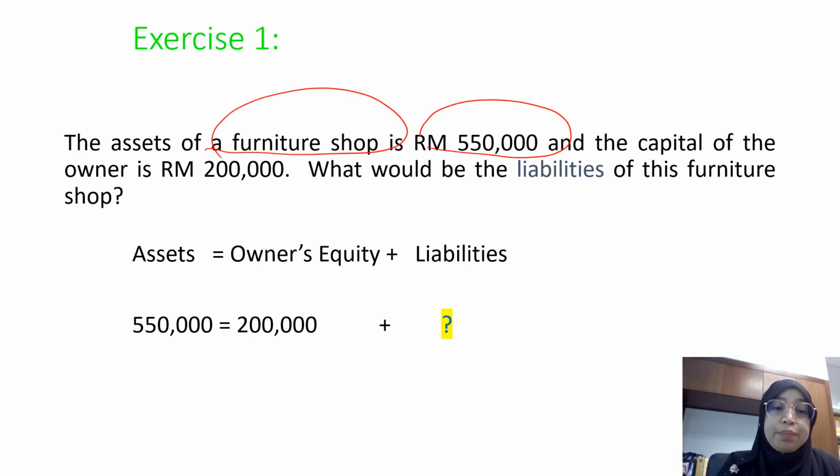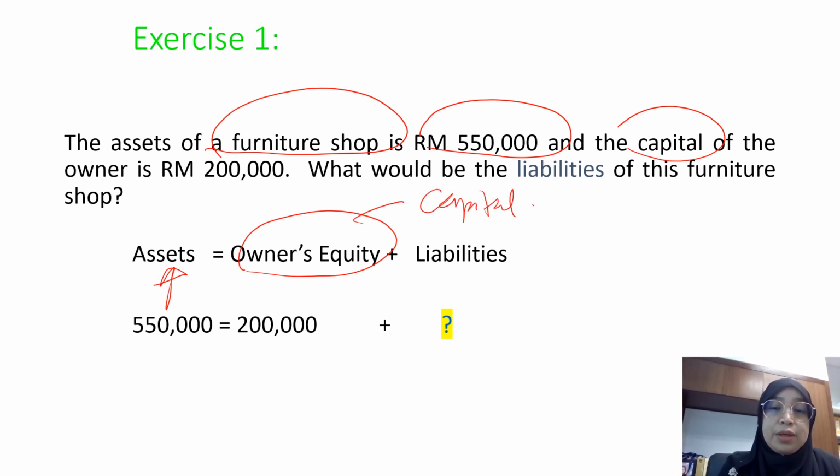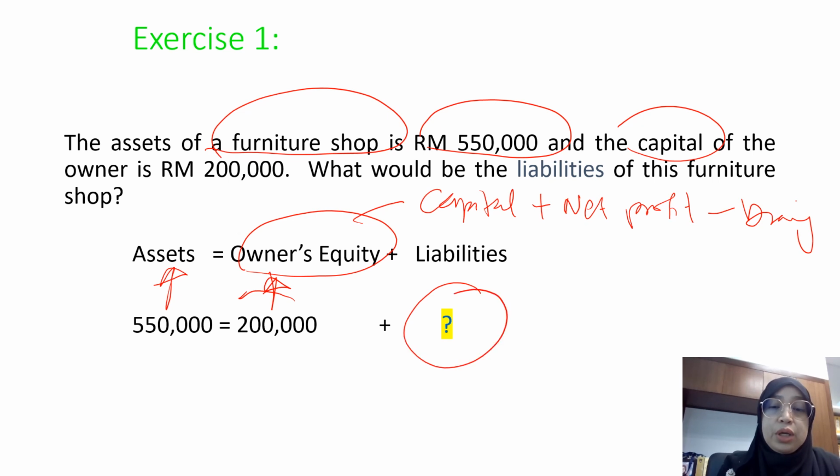So your asset is valued 550,000, and then capital. Okay, under owner's equity, remember just now we have capital plus net profit, and we minus drawings. So now capital is 200,000. So how much is your liability?